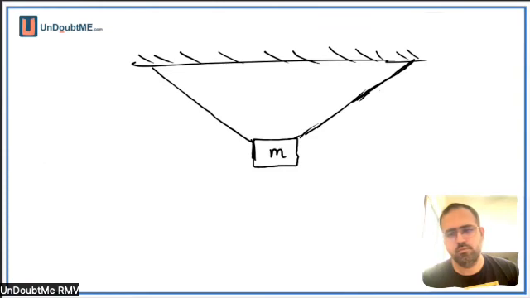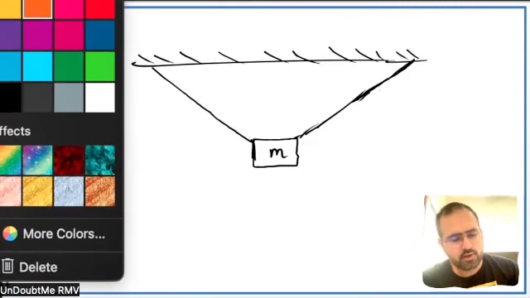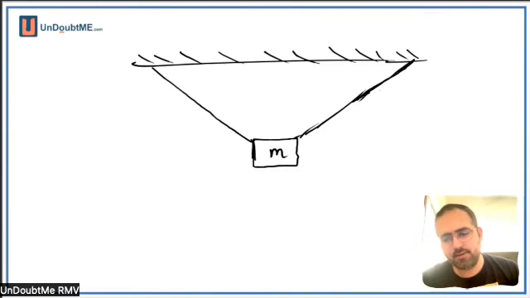Sir, I'm not sure. I thought the forces would be balanced. It will be balanced, but how are we going to draw it? Have you tried anything so far, or are you just thinking? I'm still thinking.